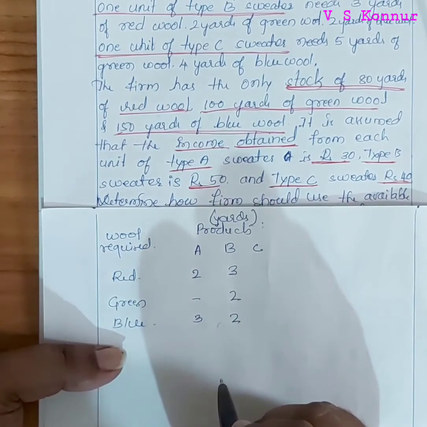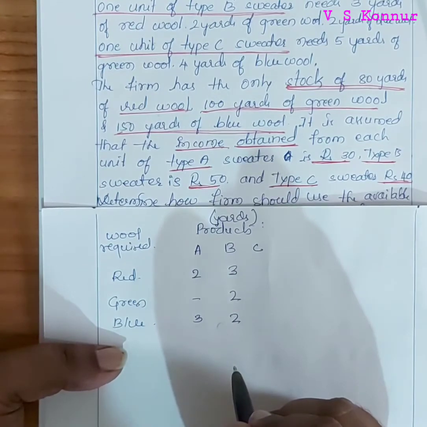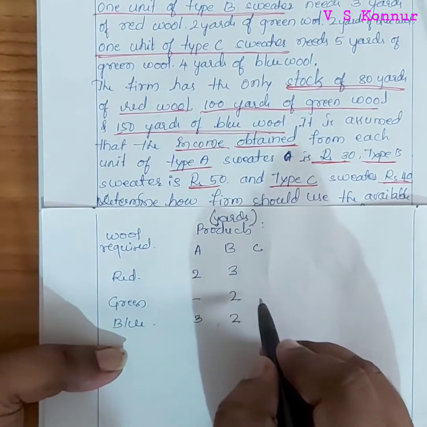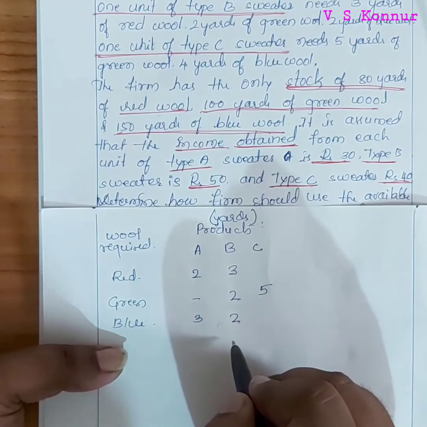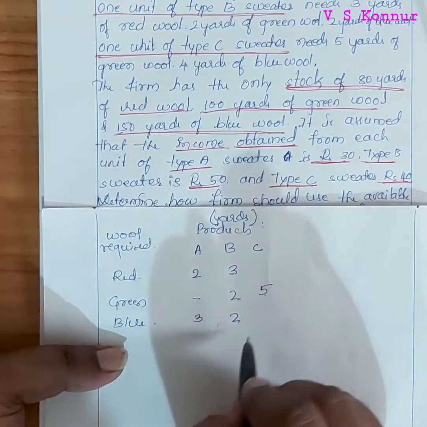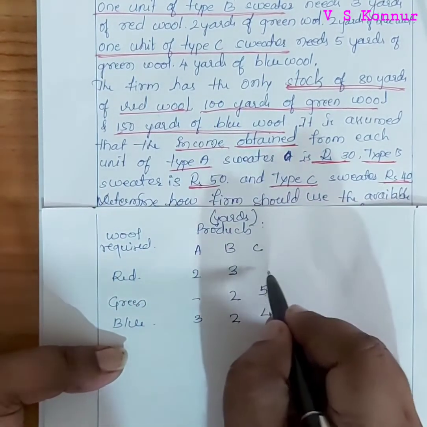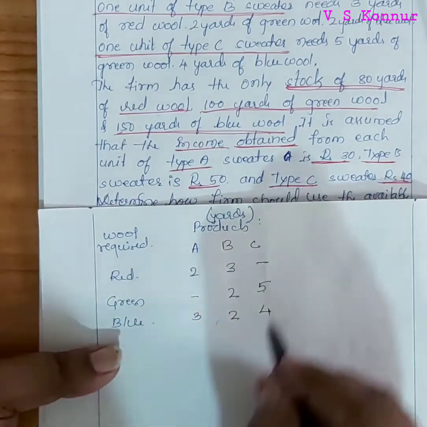I am reading the problem just. Then 1 unit of type C sweater needs 5 yards of green wool and 4 yards of blue wool. There is no need of red wool for this.